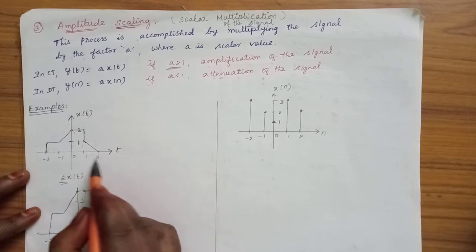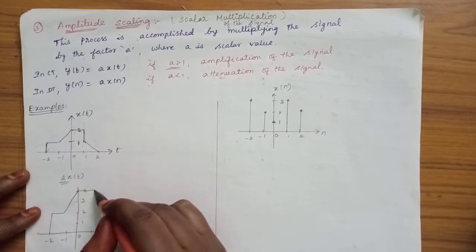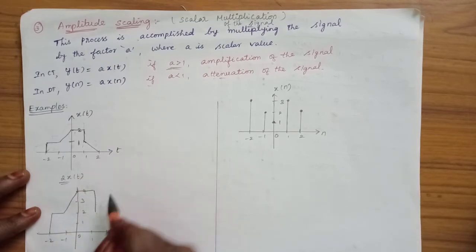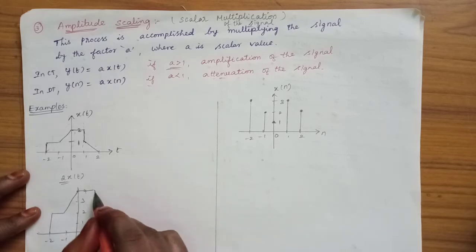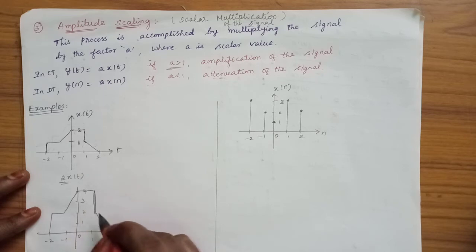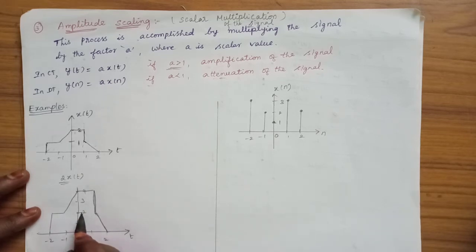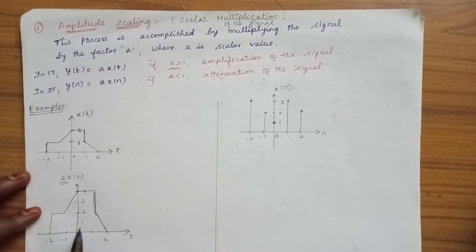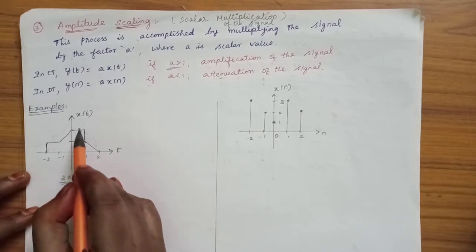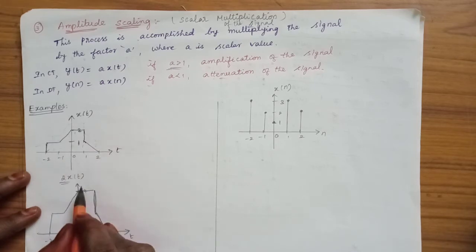And from 1 to 2, it's reduced to 2. We are just increasing the amplitude level by a factor of 2. So here 1, 2, here 2 and 4.